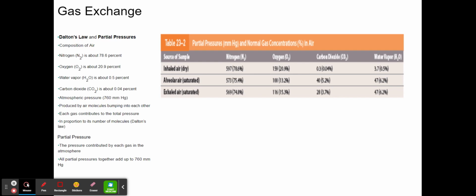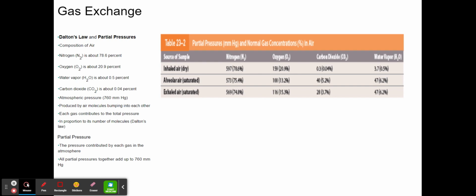The air we breathe is a mixture of gases. Nitrogen molecules, or N2, are the most abundant, accounting for about 78.6% of the atmospheric gas molecules. Oxygen molecules, or O2, are the second most abundant and make up roughly 20.9% of air. Most of the remaining 0.5% consists of water molecules, with carbon dioxide, or CO2, contributing a mere 0.04%.